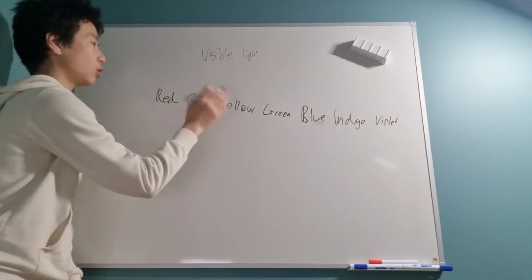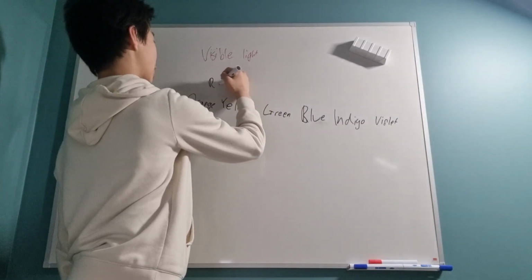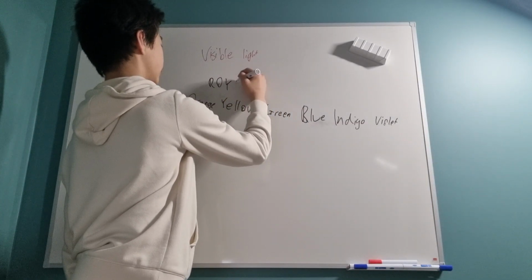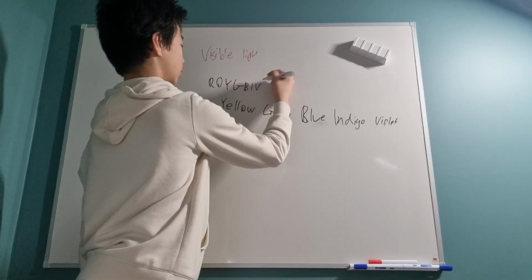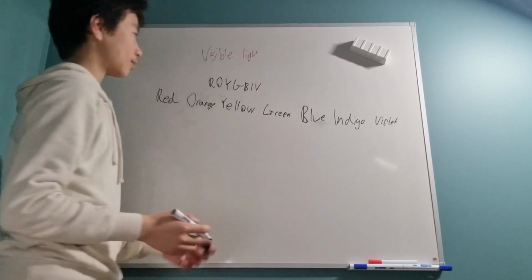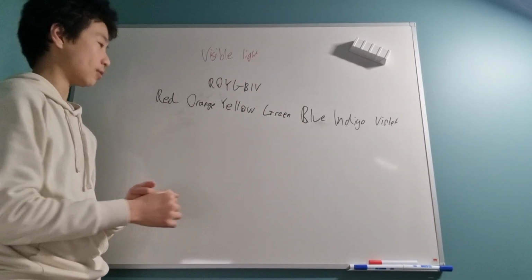Red, orange, yellow, green, blue, indigo, and violet. And if we write them down in an acronym form, these are all of the colors a human eye can perceive.